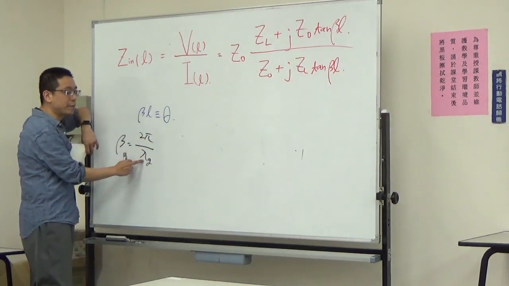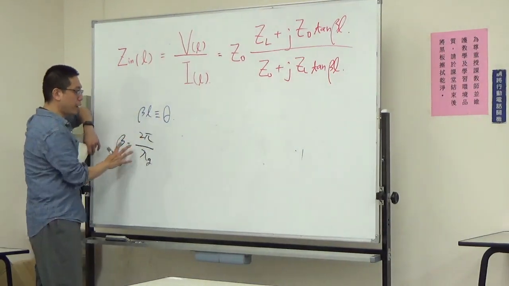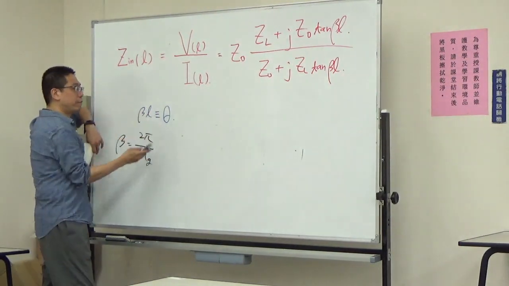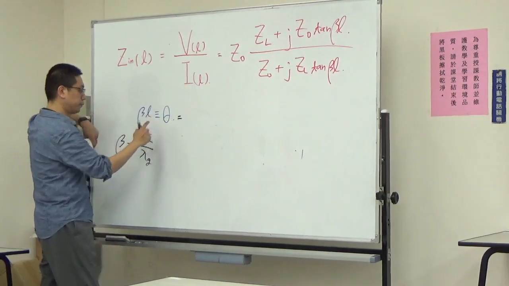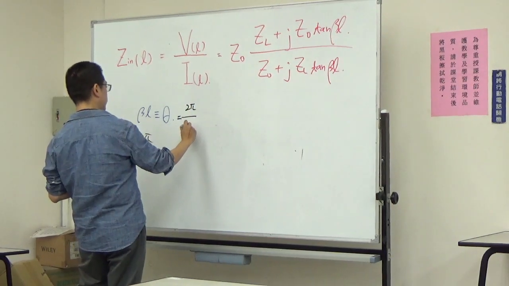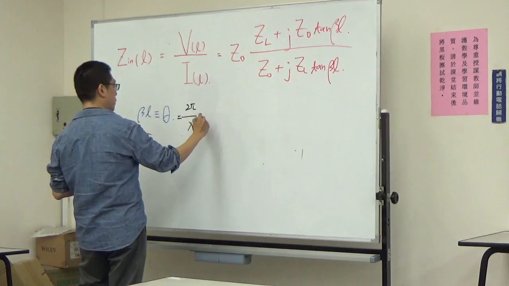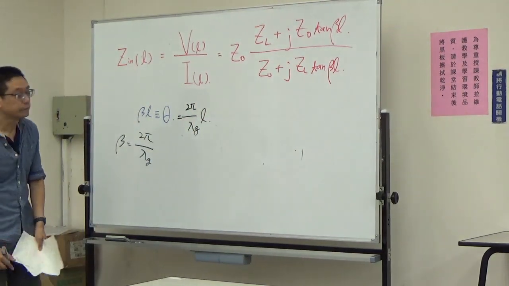Just write down lambda g, the guided wavelength. With this relationship, you can find that theta equals 2 pi over lambda g multiplied by L. Okay?